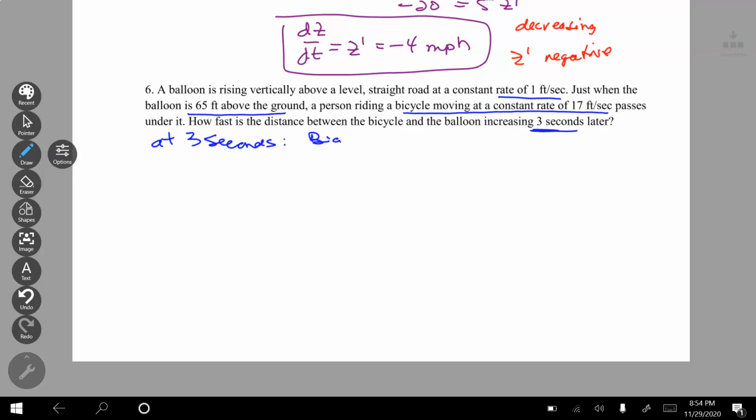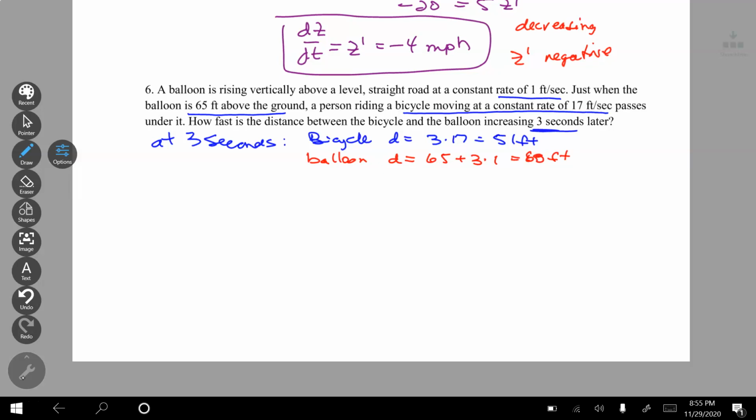So at 3 seconds, I have the bicycle. Well, its distance is going to be 3 times 17, so 51 feet is the distance of the bicycle. And the balloon, its distance is going to be the original 65 plus 3 times the 1 foot per second to give me 68 feet for its distance.